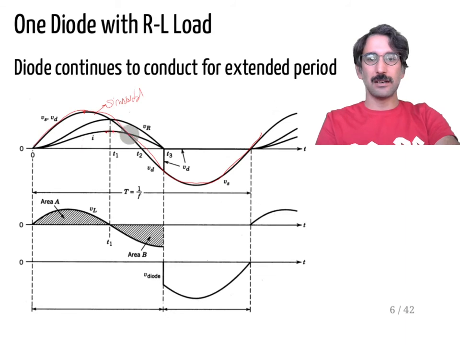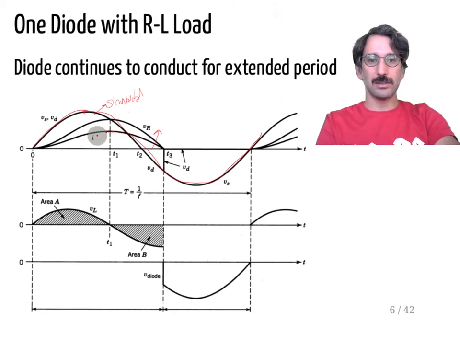Then after the voltage starts reducing, the current actually starts reducing after that time. You can think of that as like a power factor, so there's a lag between the voltage and current because it's an RL load, and basically current is lagging the voltage.